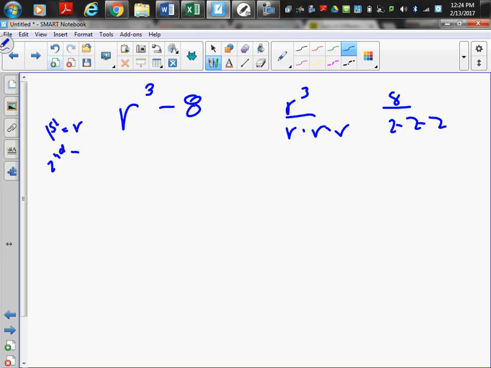The second piece is 2. All right. So it says first piece minus second piece times first piece squared, r squared, plus first times second, 2r, plus second squared, 4.